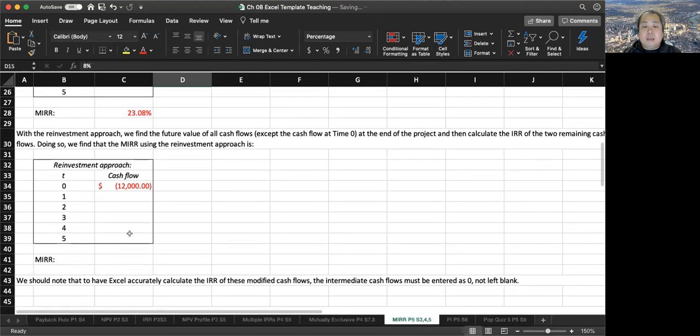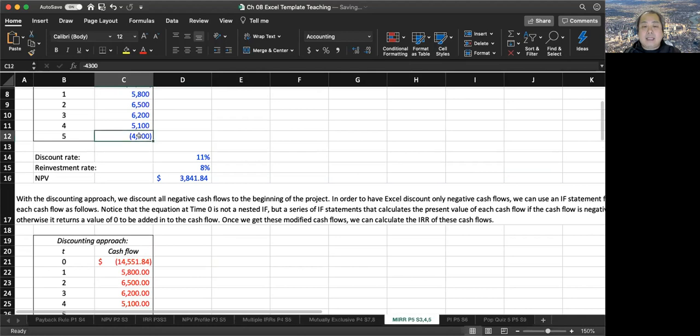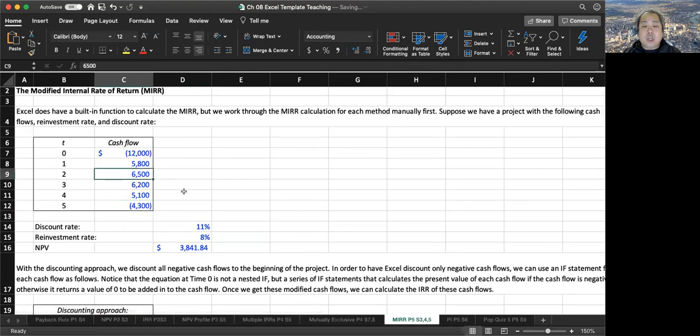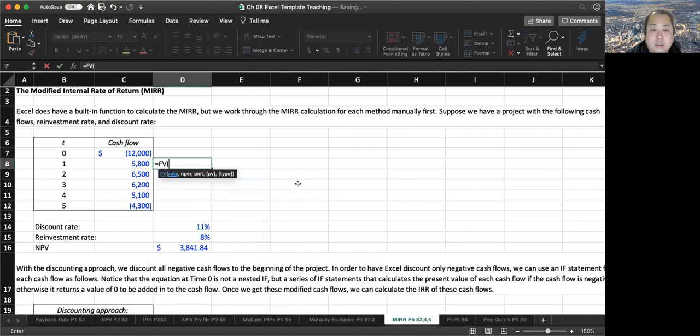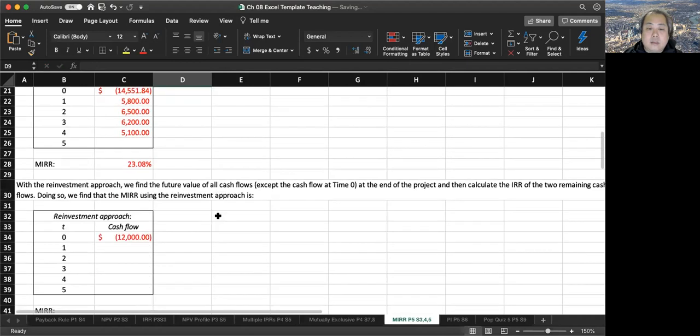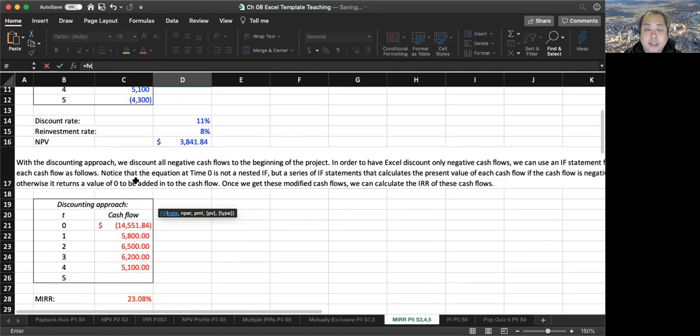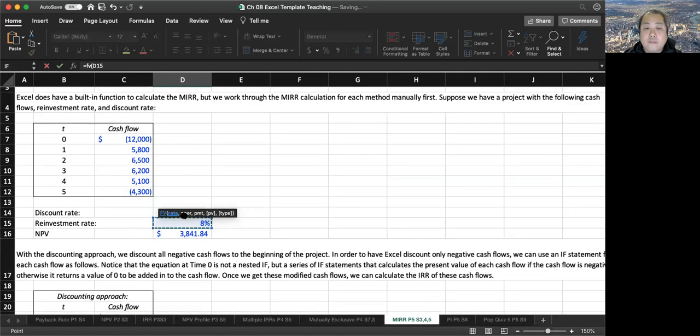Then you can get the 5th year cash flow, adding these to the fifth-year cash flow. So what you can do is calculate the future value of each cash flow. The rate is, now you have to use the reinvestment rate.